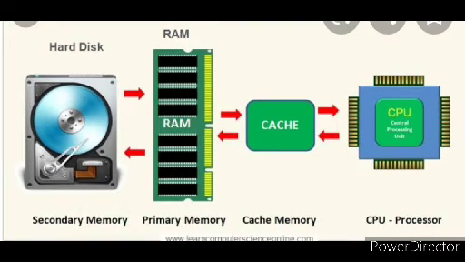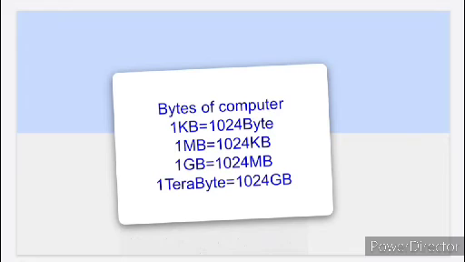Here the computer storage and memory are often measured in the following bytes. 1 KB, that is 1 kilobyte, is equal to 1024 bytes, and 1 MB, megabyte, is equal to 1024 kilobytes, and 1 gigabyte is equal to 1024 megabytes, and 1 terabyte is equal to 1024 gigabytes.